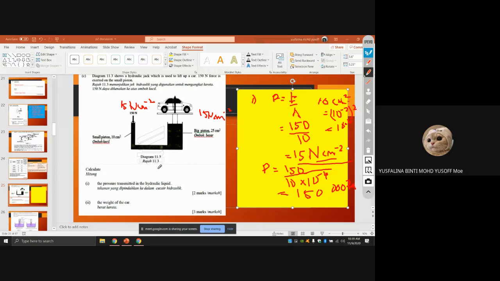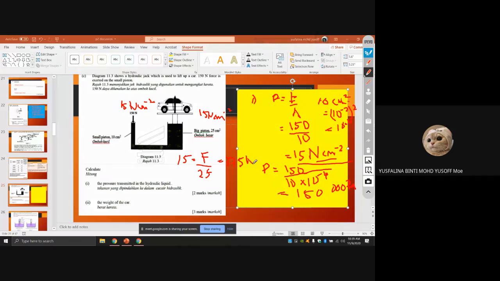So just use the formula, P is 15 and F you need to find, the force, which is actually the load here. The area is 25, you don't need to change because you didn't change to meter, so you multiply 25 by 15 and you got 375 Newton.